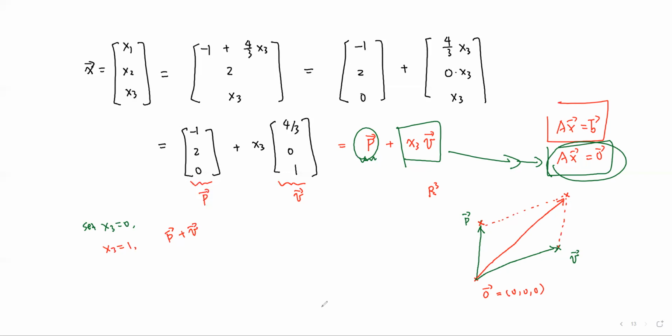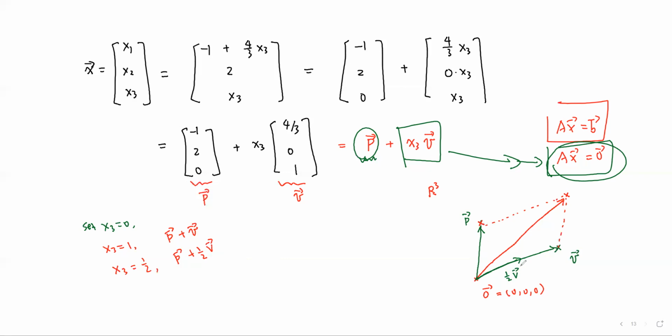Let me try some more. Say x3 is 1/2. That means this is a solution: 1/2 V is about here. Now, how to compute this sum? Use a parallelogram.